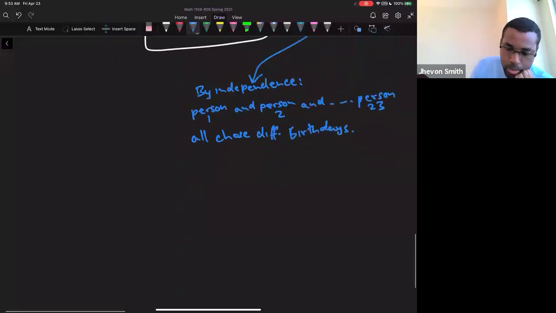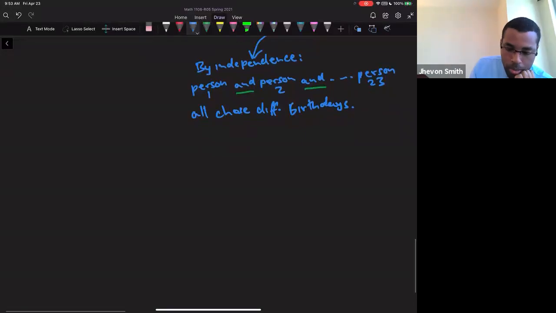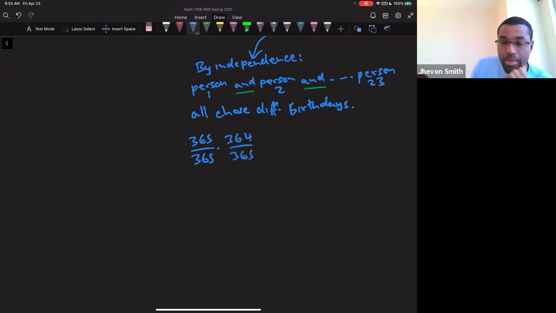And because we can multiply the probabilities together, person one can choose any of the 365 days out of 365. The probability that the second person has a different birthday, well, he can only choose 364 out of 365. And I can multiply that because people's birthdays are independent, at least they would be assumed to be in a random group. And then the third person can only choose 363 days out of 365. And this continues for 23 times.